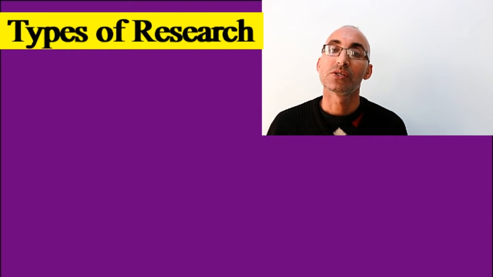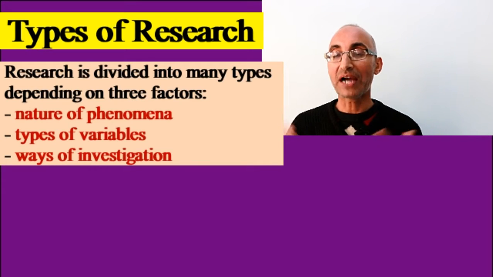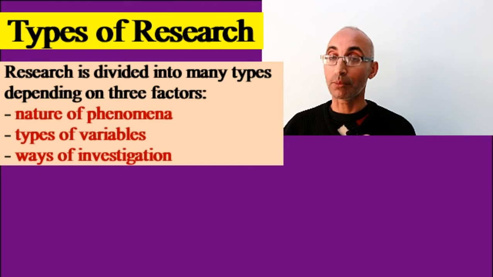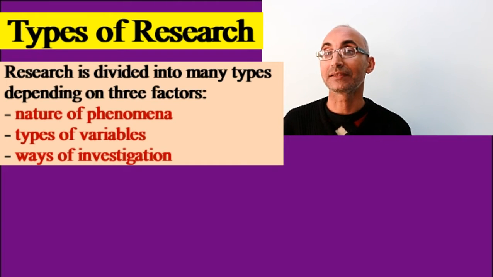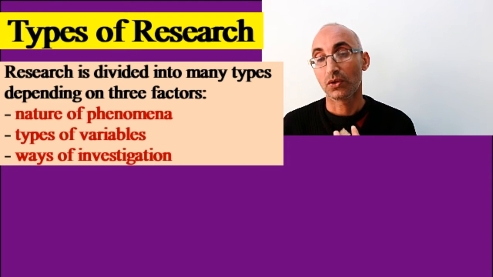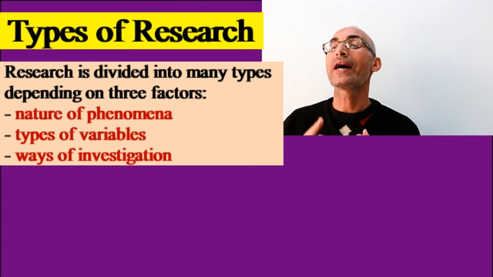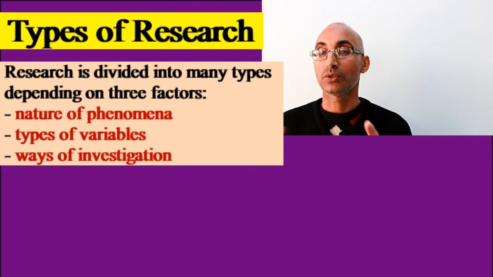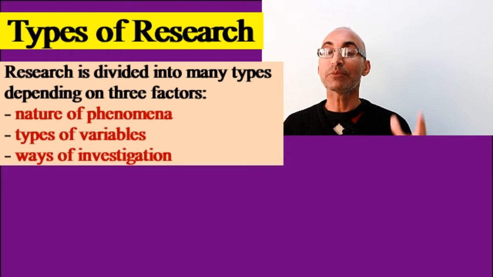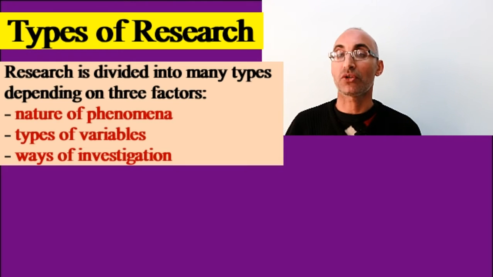So, researches are divided into numerous types depending on, first, nature of the phenomena, second, types of variables, third are also ways of investigation. So, these variables, each one of them can determine to us a particular type of research.